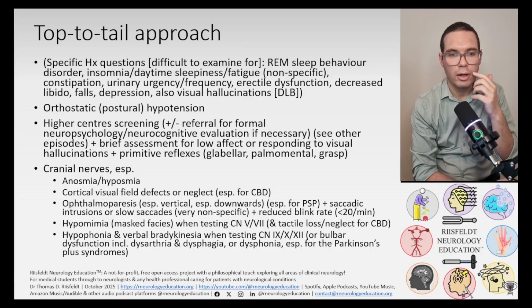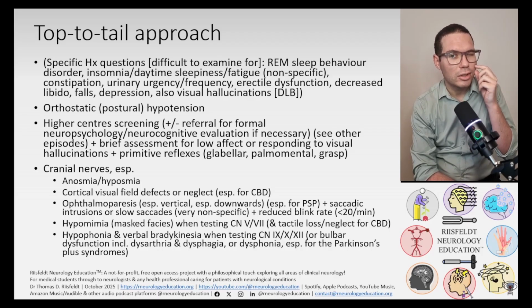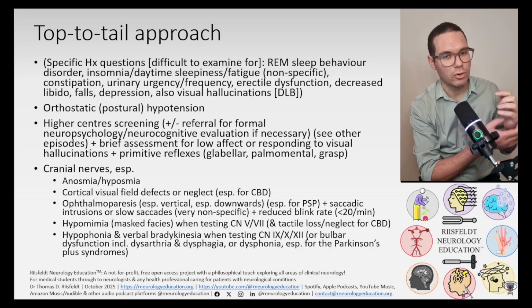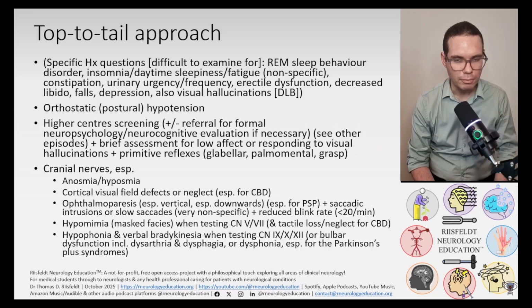And what you're looking for is a small, sometimes it can be difficult to see, so you have to look closely, a small little twitching movement on the side of the face, lower down in the lower face near the mentalis. So that's why it's palmomental. You're scratching the palm and you get this reflex twitch in the mentalis muscle, the palmomental reflex.